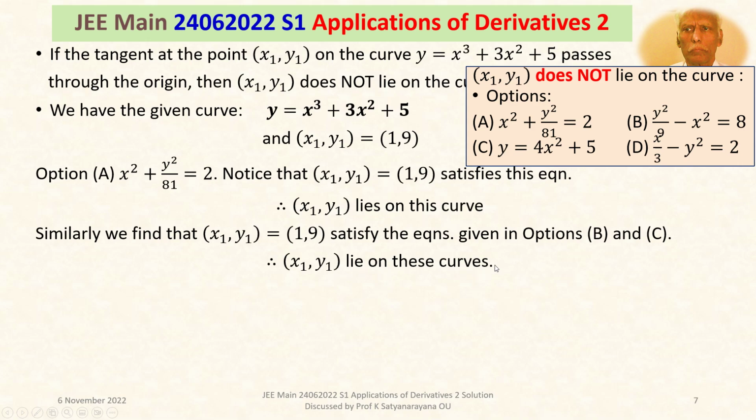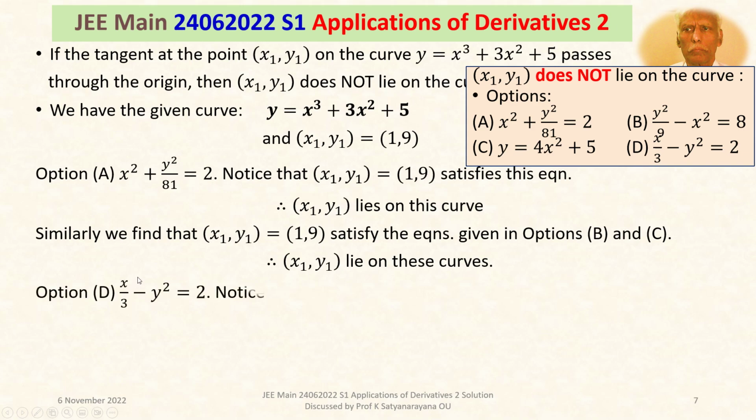But we have to find that curve on which this point does not lie. So obviously, the three options have gone. So obviously, the fourth option, that is option D, is our answer. Let's see whether this point satisfies this or not. It should not satisfy.